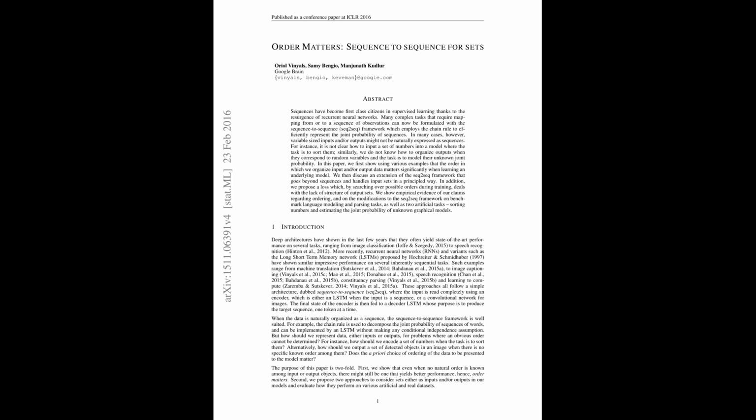The authors' first big claim is that this arbitrary choice matters enormously in practice, even though in theory a sufficiently powerful model shouldn't care. Think of it like teaching someone arithmetic. Mathematically, 2 plus 3 plus 4 equals 9, no matter the order you add them in. But if you're a learner just starting out, certain orderings genuinely make the problem easier to learn.